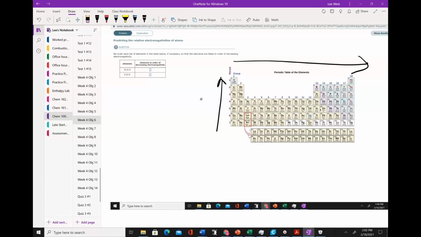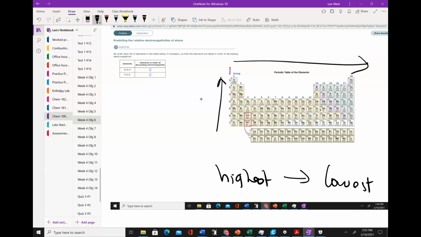So let's have a look and see what we've got. Now, you want to be aware that you can always just grab a table of electronegativities where you have the Pauling values, and you can look these up and be very precise about it. But we're just going to follow the trend here, and we want to go in order of decreasing electronegativity. So we want to go from highest to lowest.